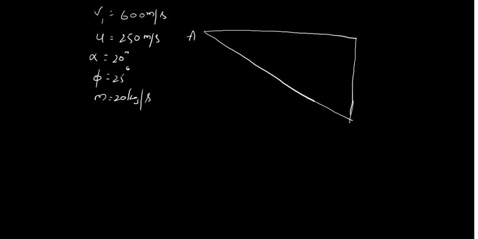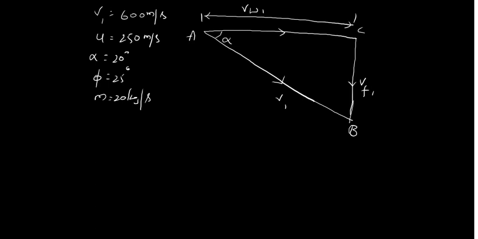A, B. This is alpha. V1. Vf1 from A to C. It is VW1. We are clear with that, right?